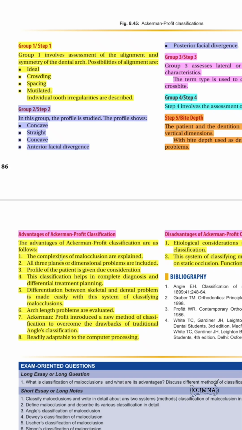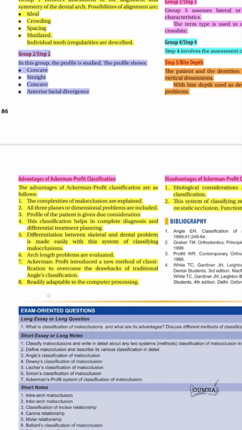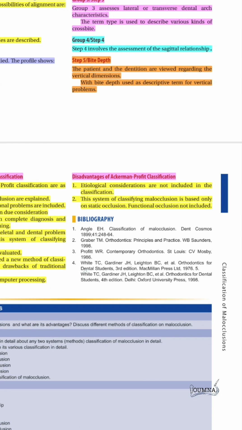All of the complexity of the malocclusions is explained in three dimensions, and it gives us a complete diagnosis. For differential treatment planning, we can differentiate whether it is a skeletal or a dental problem, so it was made to overcome the drawbacks of the traditional Angle's classification.